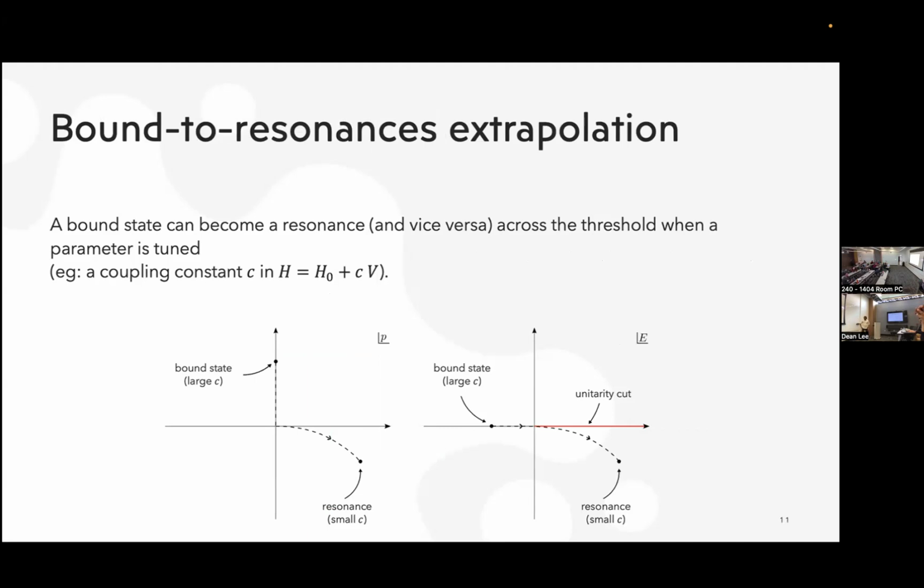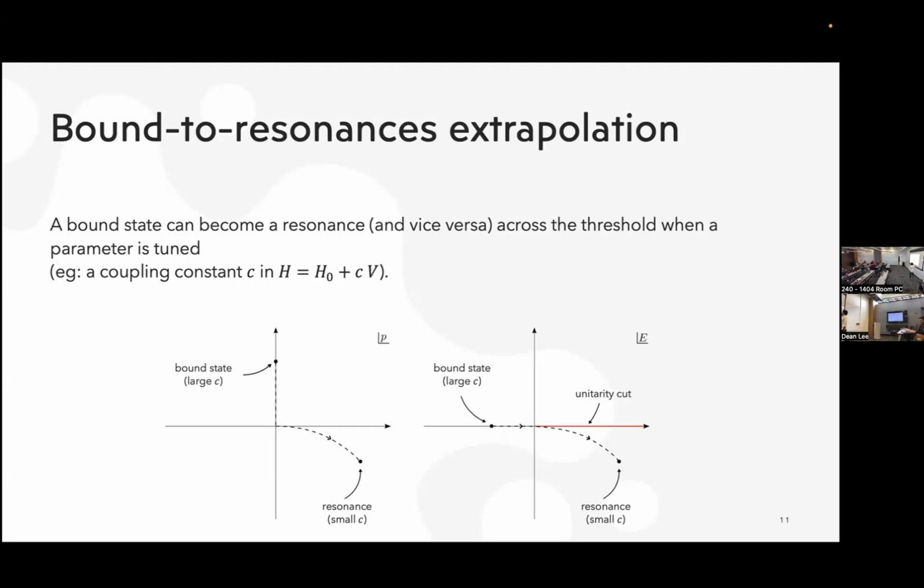Finally, what we eventually want to do is something like this. It's well known that if you have a resonance and you tune your coupling constant to make the interaction stronger, sometimes those resonances can become bound states by moving this way. And in the Mӧller plane, it will move this way.